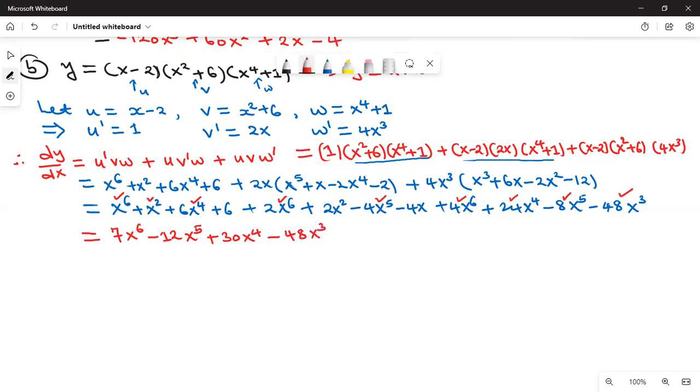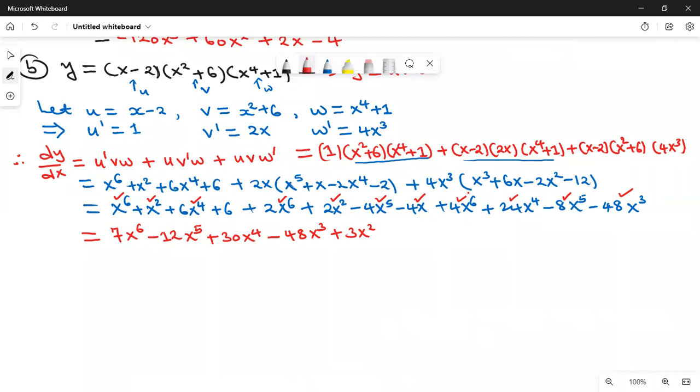X squared, we have 1 plus 2, that is 3. So that is simply 3x squared. What about those with the coefficient of x only? There's negative 4. Only negative 4. Any other coefficient of x only? So where did you get negative 4 from?